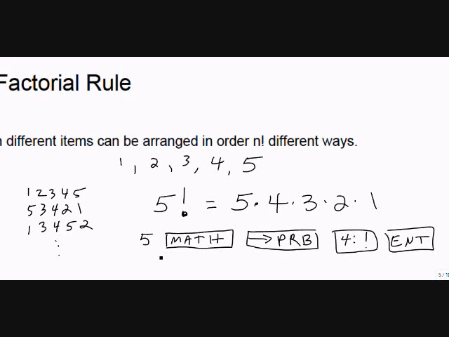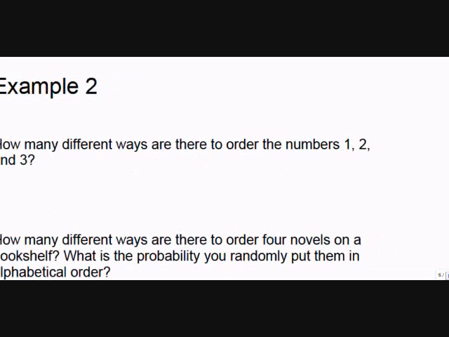And what is 5 factorial? How much is it? 120. Okay, so there's 120 ways to arrange the numbers 1, 2, 3, 4, and 5. Okay. How many ways are there to order the numbers 1, 2, and 3?